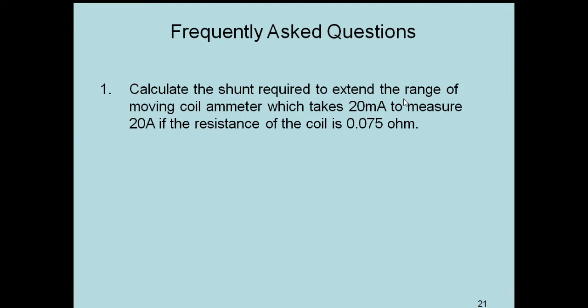So here they have given the meter ratings as 20 milliamperes and 0.075 ohms, and they are using the same meter to measure a current of 20 amperes. In this case, we need to find out the shunt resistance. Please note down this problem and try to solve.